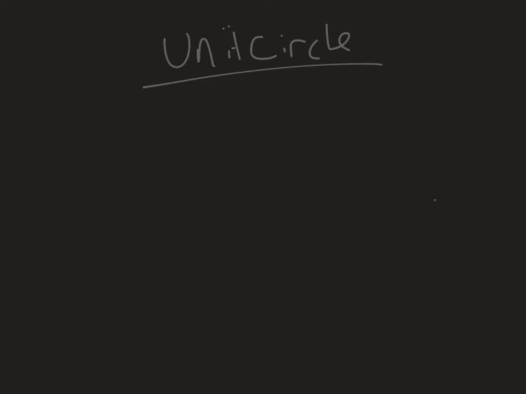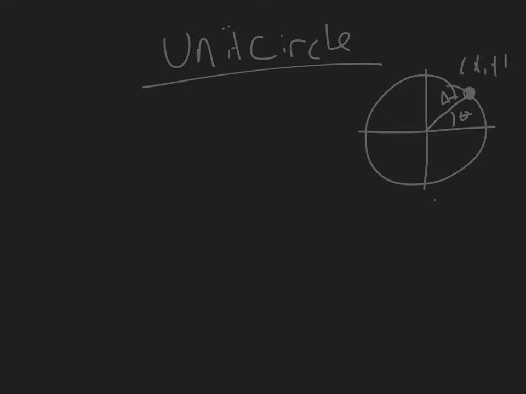So if we think about trigonometric functions, they're all derived from the unit circle, and a lot of the identities stem from that idea. So if we look at a unit circle and we make this angle theta from the x-axis, hypotenuse being 1 because we are on the unit circle, and we have some coordinate x, y.